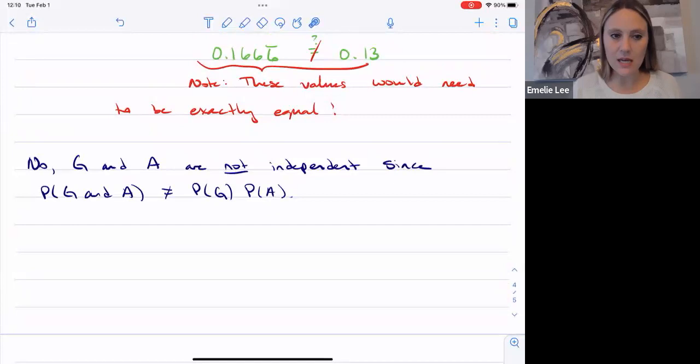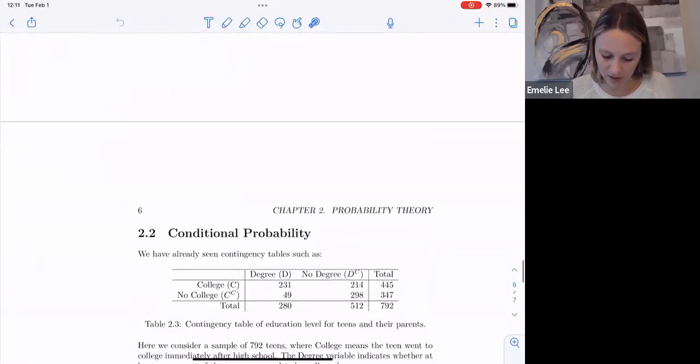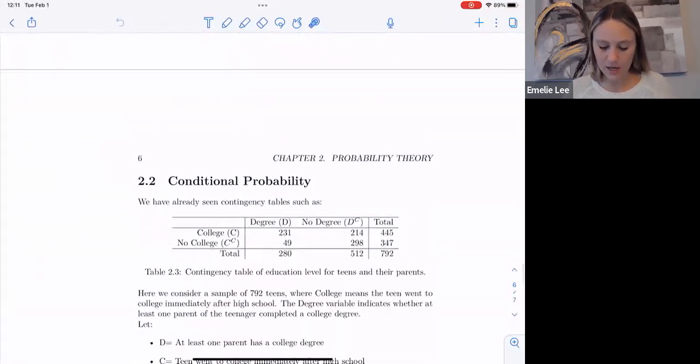It looks to me like I was a little ambitious in finishing chapter 3 before the quiz. We could start conditional probability, but we'll just have the quiz go up to conditional probability.